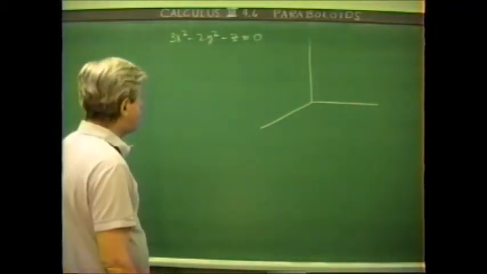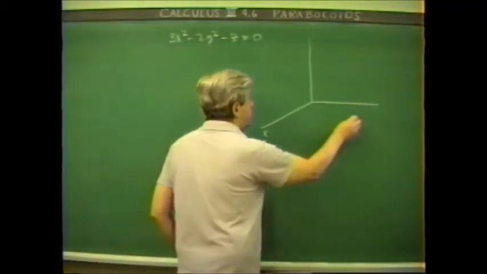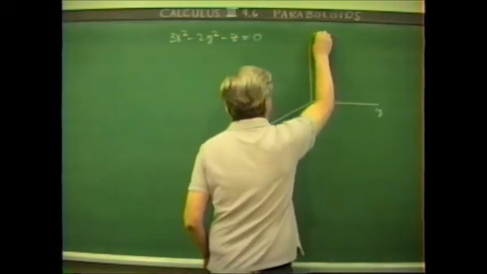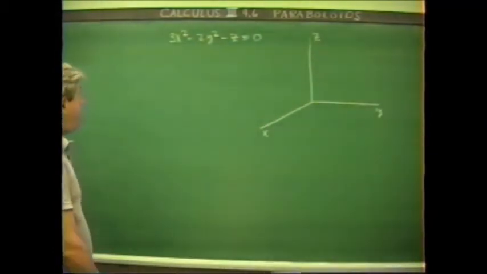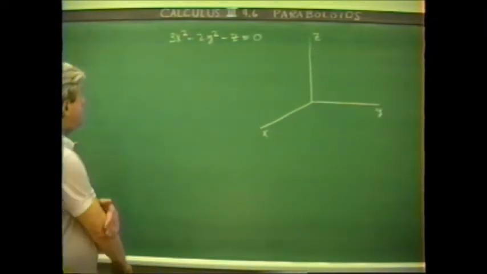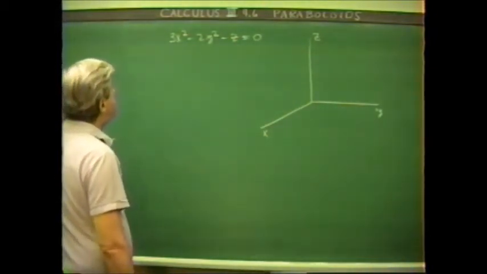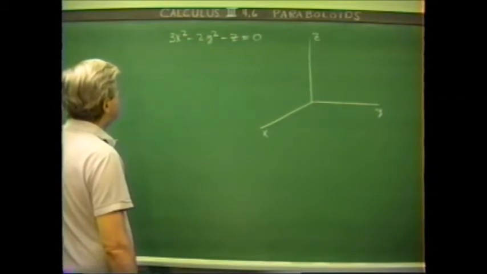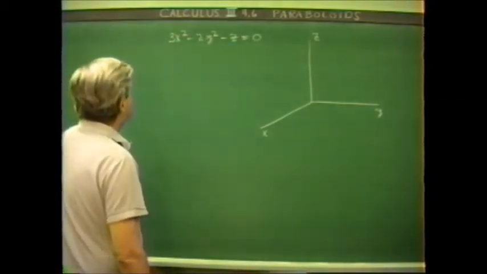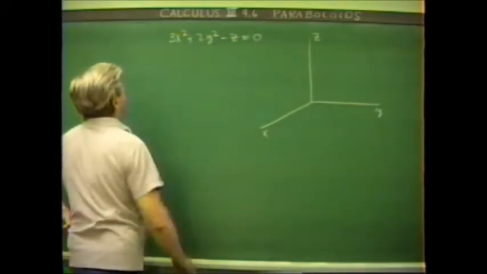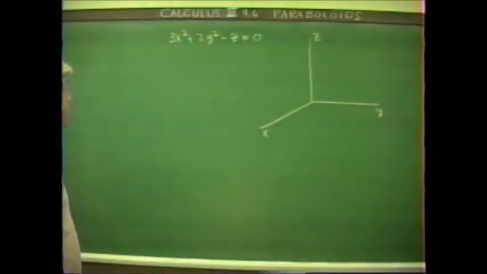So if here then are the x, y, and z axes, what we want here is 3x squared plus 2y squared minus z is equal to 0.